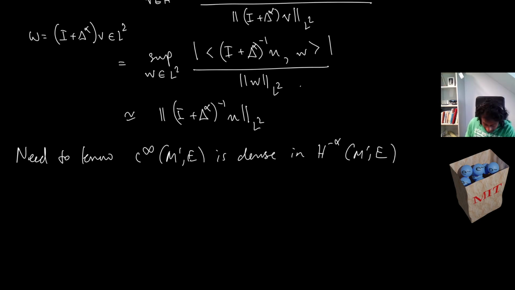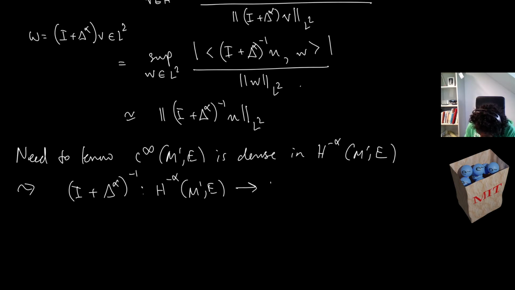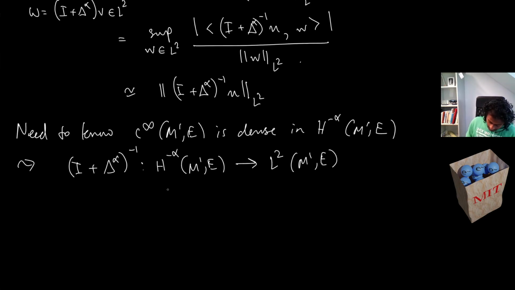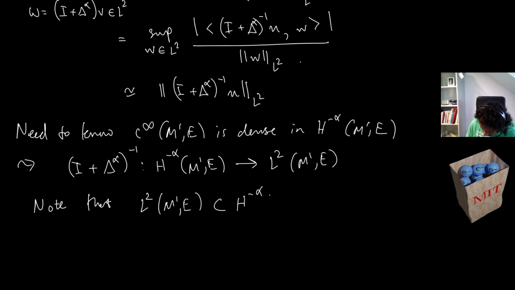And what that allows us to then write is that we can extend this as an operator now from H minus alpha of M, E prime to L2 of M, E prime. Okay, so note that L2 of M, E prime is contained in H minus alpha of M, E prime.